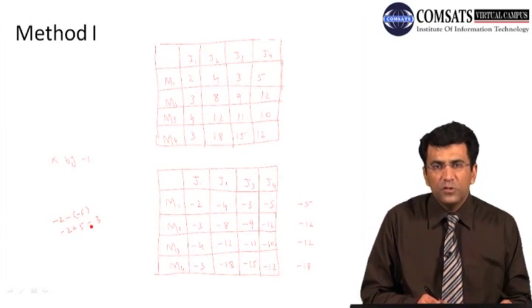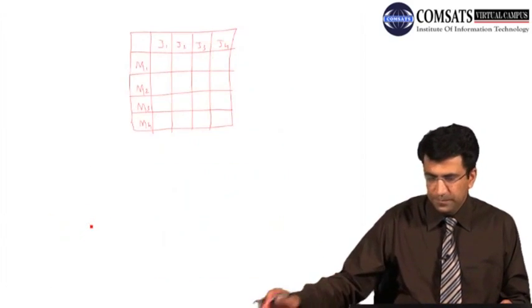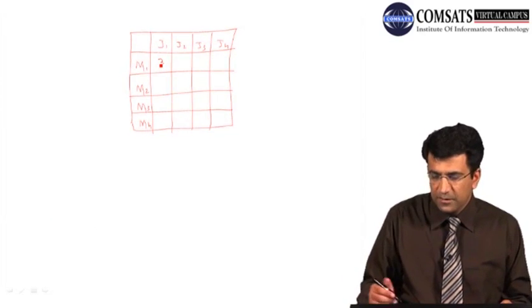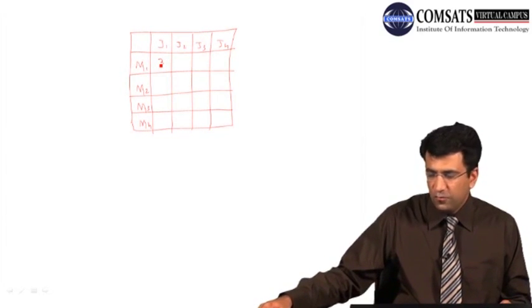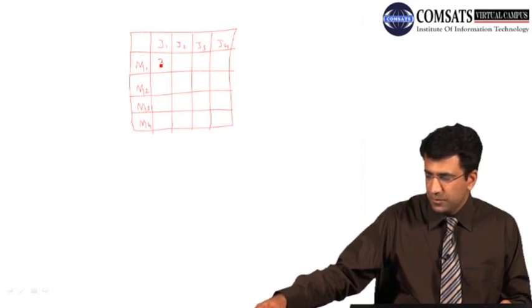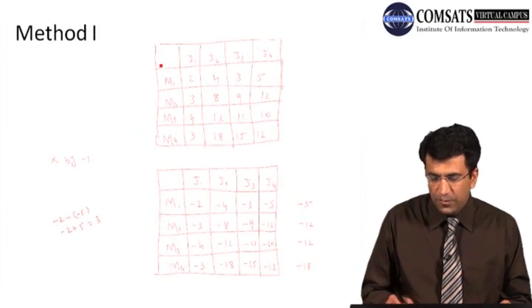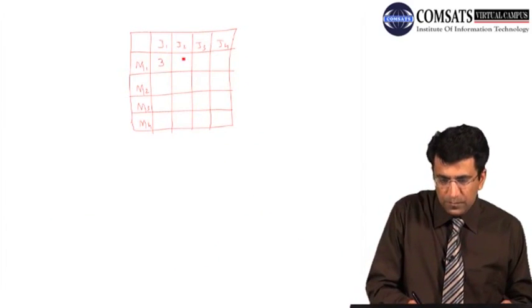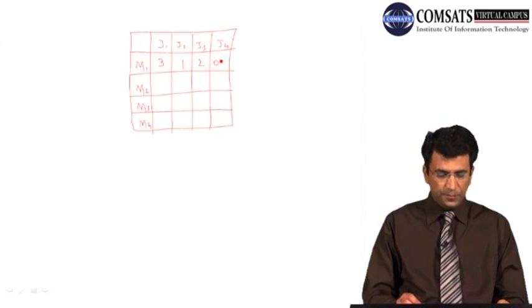So we will put 3 in our first cell. Similarly we will subtract this particular value from the rest of the values of this row. So it will become 5 minus 4, 1, 2 and 0.